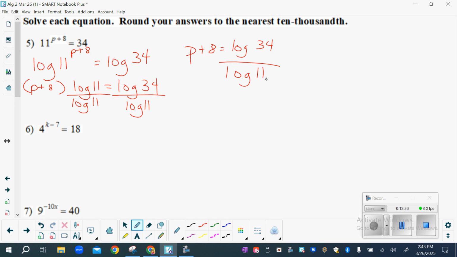Minus 8. So we subtract 8 from both sides. Then we can find our answer by putting log 34 divided by log 11 into the calculator, find out what it equals, and then subtract 8. All right. Perfecto. If you want to do it right, you gotta do it that way.